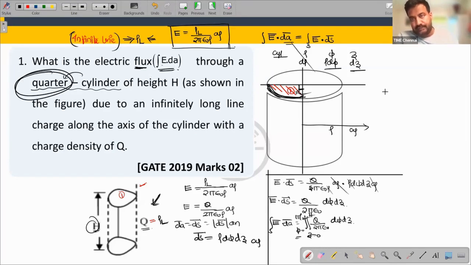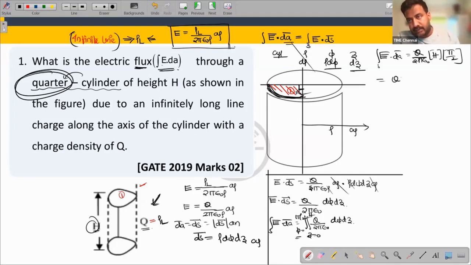So the integral of E dot dA is Q by 2 pi epsilon naught times the integral of 1 dz, with z running from 0 to H, that is H, times the integral of 1 d phi, with phi running from 0 to pi by 2, that is pi by 2.